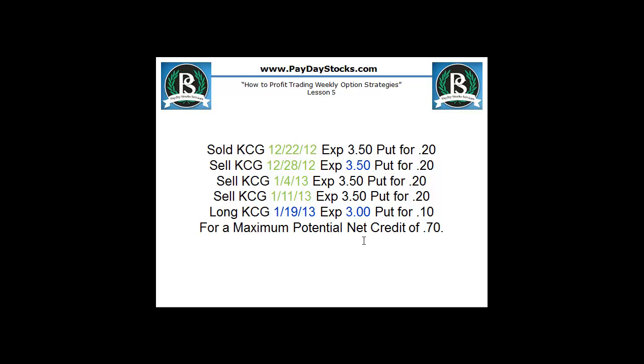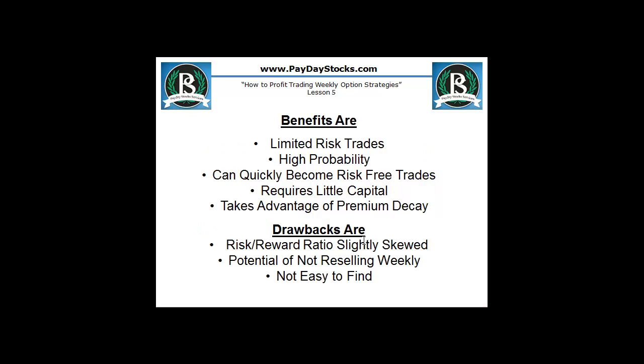And you can take advantage of premium decay multiple times while only having one leg, basically a single purchase of that leg, during the time that you're selling the different options on the different weekly expirations. Okay, so a lot of benefits with trading this type of spread.